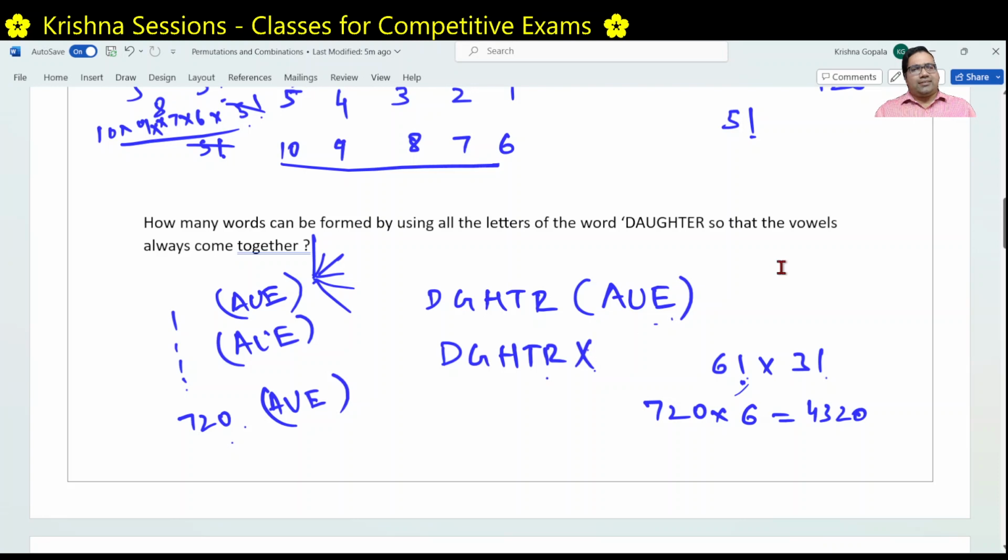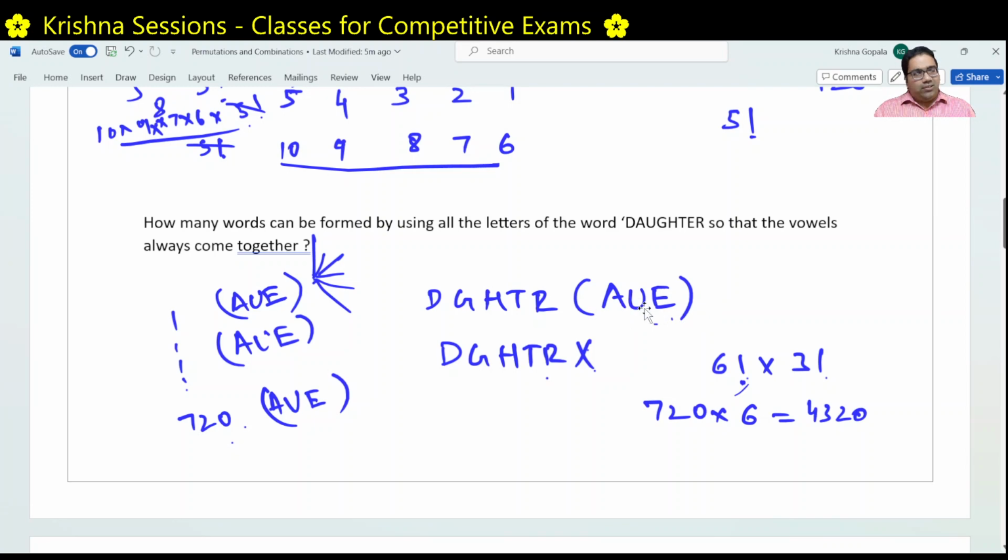But this X, or this AUE, can themselves be ordered in 3 factorial ways. Right, because they are supposed to be together, but not necessarily in the same order. It can be AEU, or UAE, or UEA, whatever. There can be multiple orders within these three also.